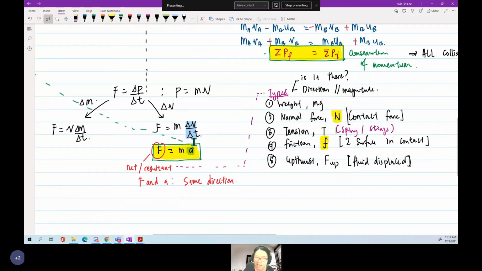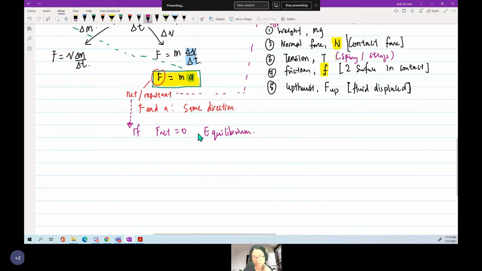But you see, sometimes your net force is 0. Right? So in the off chance where your net force is 0, we use the beautiful word equilibrium. But equilibrium doesn't only need net force to be 0.